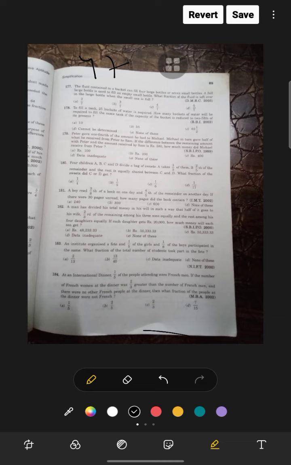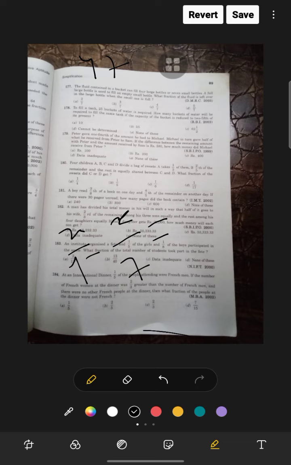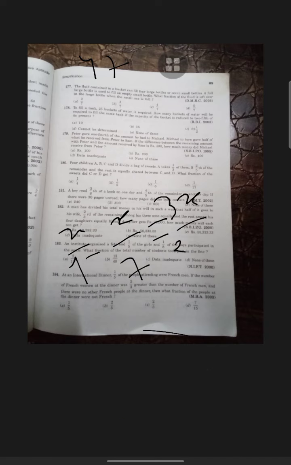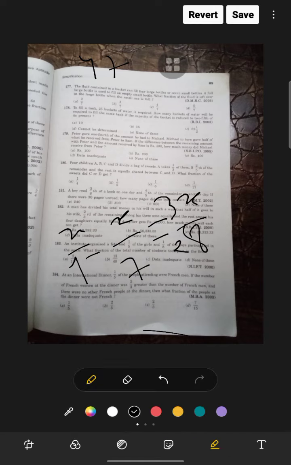Question number 177. So let the capacity of the large bottle be x by 4 and the small bottle be x by 7. While subtracting both of them, we will get 3x upon 28. The required fraction: it is asking what fraction of fluid is left over in the large bottle when the small one is full.